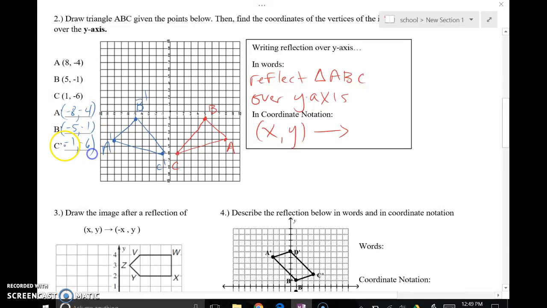And if you take a look at that, all of the X values have been flipped, or we've done the opposite sign, but all the Y values have stayed the exact same. So what we've done here is we've done the opposite of the X, and we kept the Y value. So there's our coordinate notation there for what we've done, flipping horizontally over the Y axis.